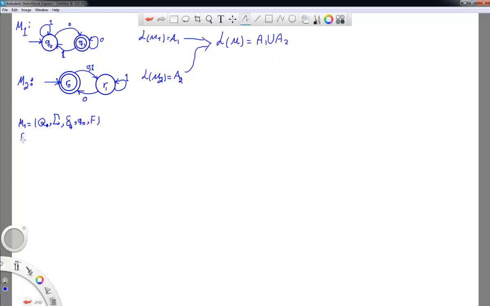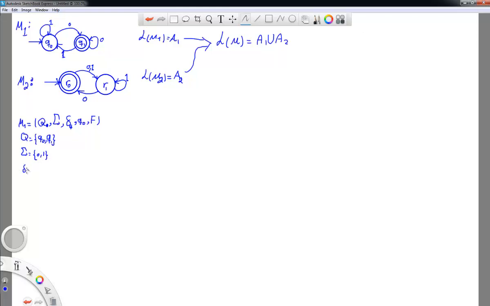So as a result of that, my Q is a set of the states, which is Q sub 0 and Q sub 1. My sigma is the set of symbols 0 and 1 for my alphabet.